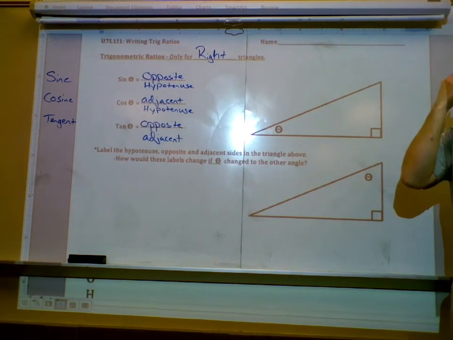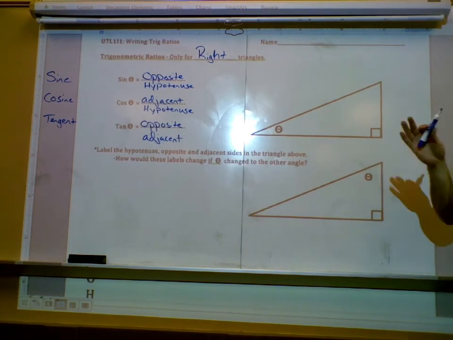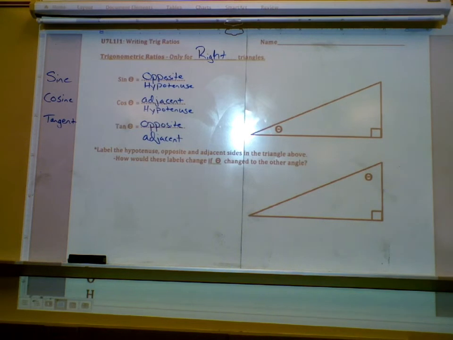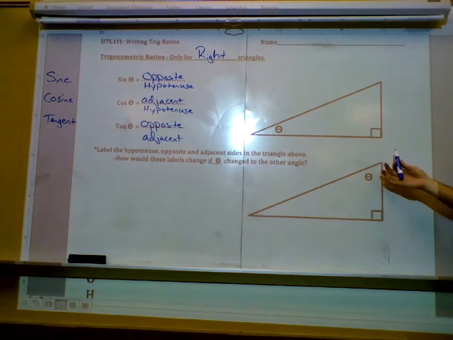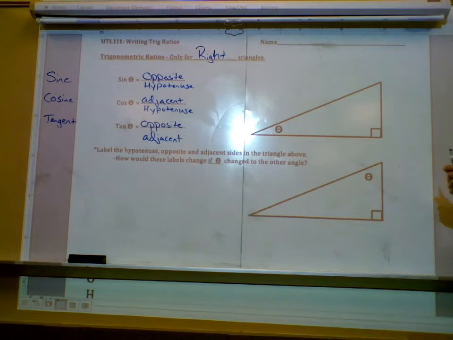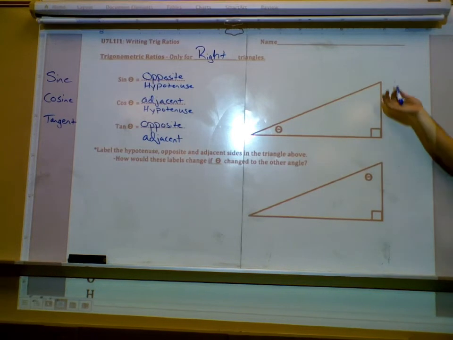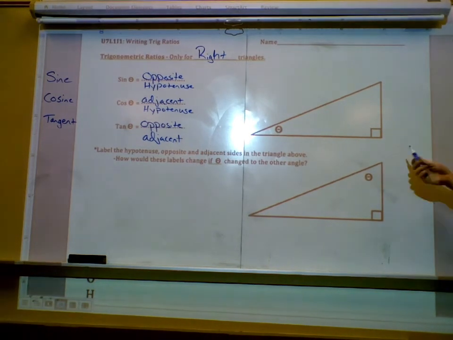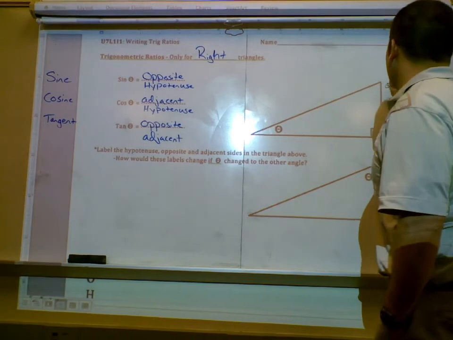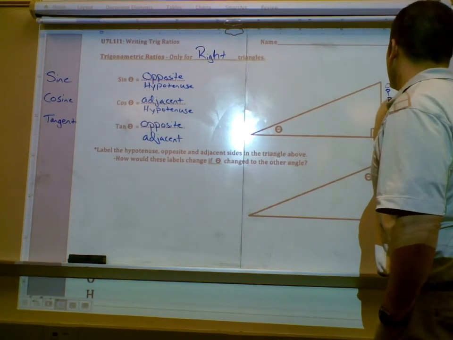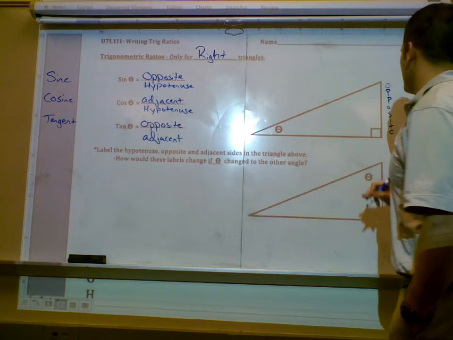What does opposite mean? Opposite means across the triangle. So which one is opposite? Diagonal, vertical, or horizontal? Vertical. Good. Vertical is opposite. This side is opposite our angle.